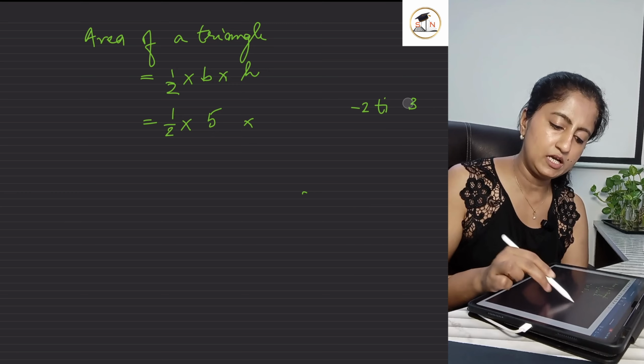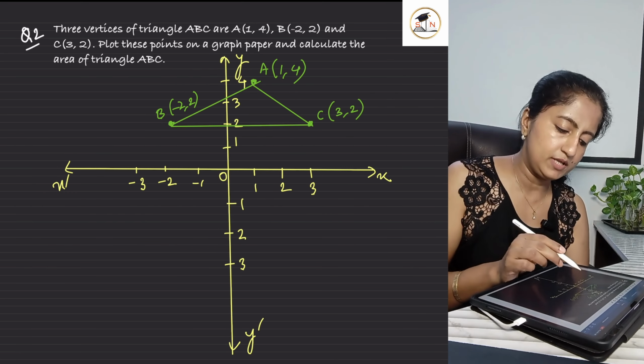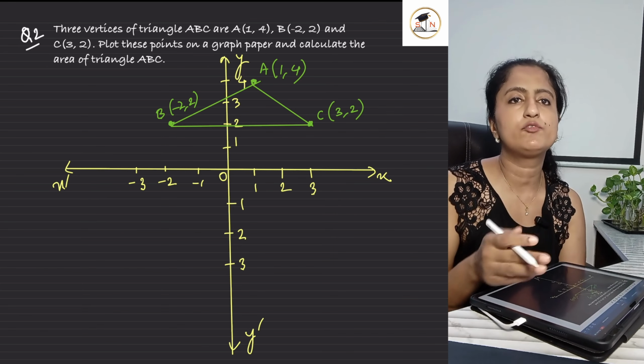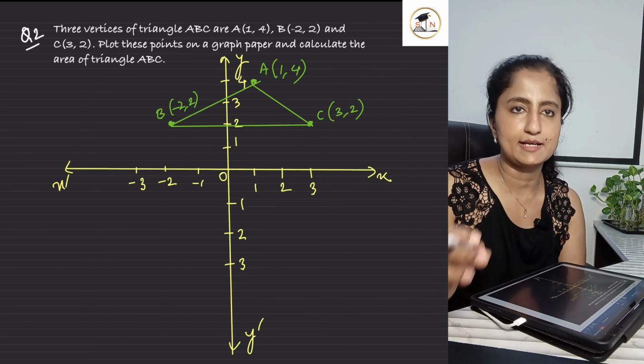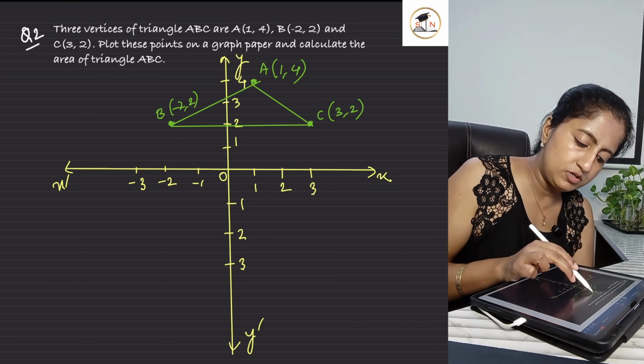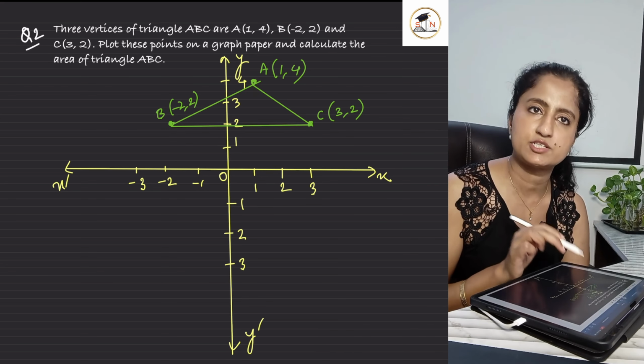And now talking about the height. Okay, when we talk about the height, we have to understand how much height it has occupied with respect to the y-axis. So when we are talking about height, it is this much distance, that is the height in this triangle.